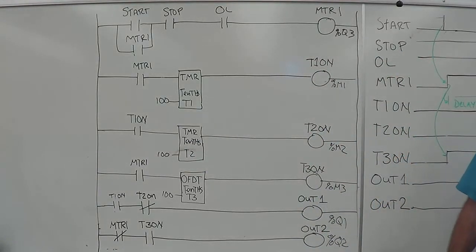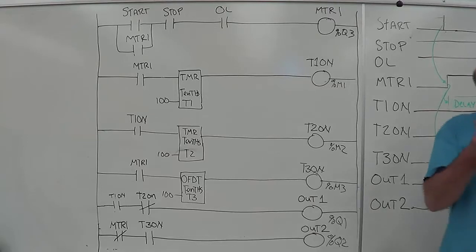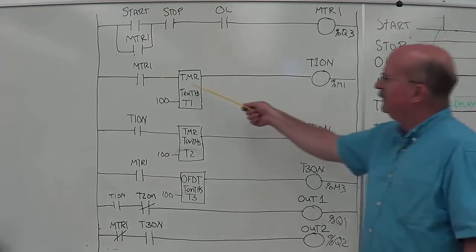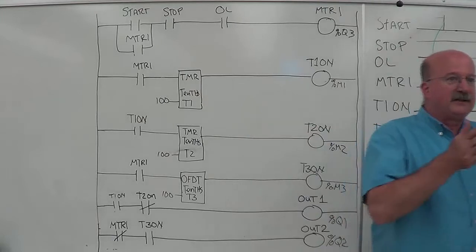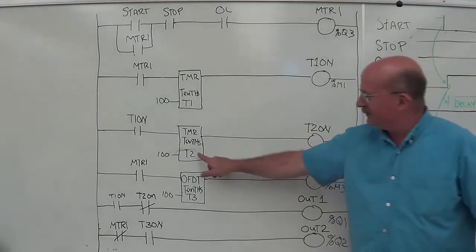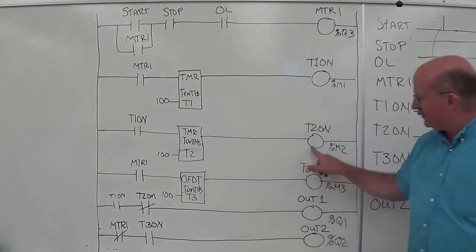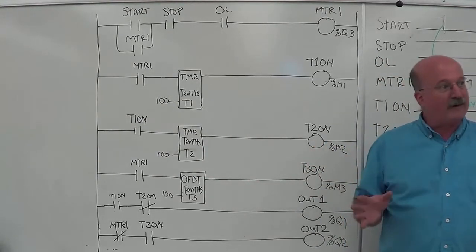So if I look at this, 10 seconds after the motor starts, there's got to be a dead time. That's the first delay. The next 10 seconds is my output on. That's the second delay. And then when that second delay expires, that output will go off and turn off everything.